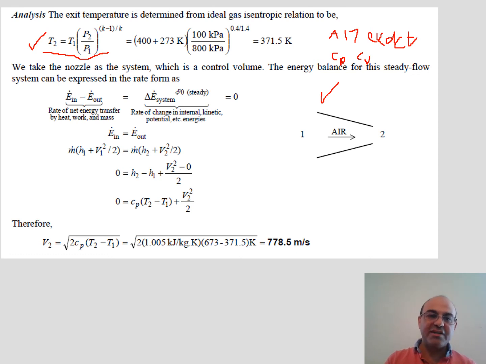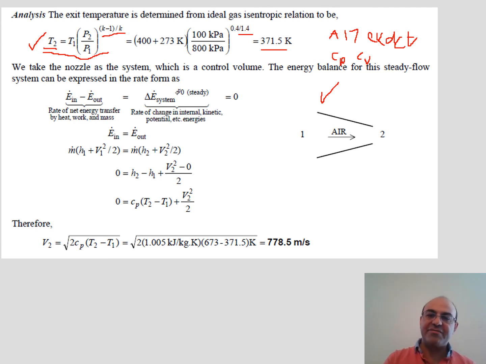So in order to find the final temperature at the nozzle exit, T2 over T1 is equal to P2 over P1 to the power (k minus 1) over k. k from table A-1 is 1.4 for air. We plug in the numbers. The outlet temperature of the air is 371.5 based on the isentropic assumption.